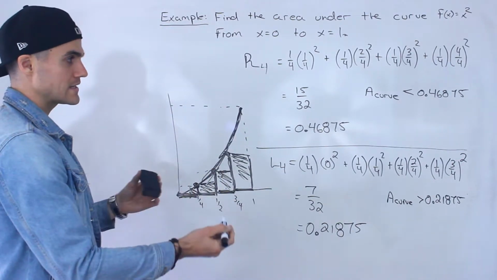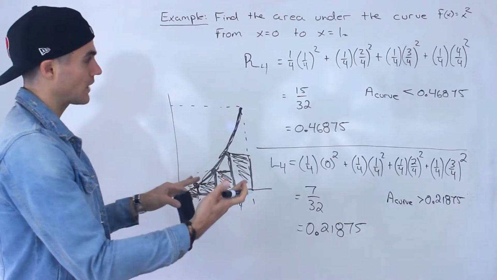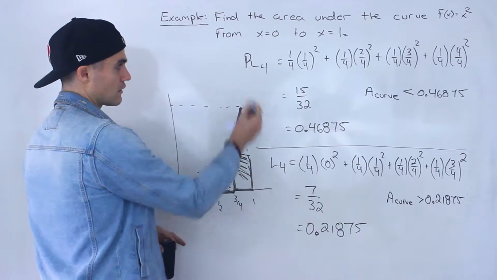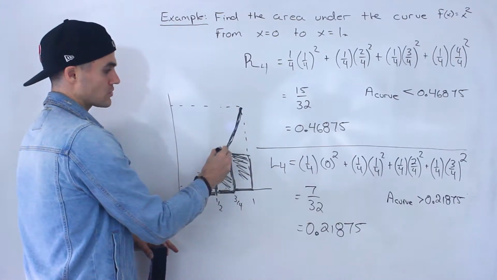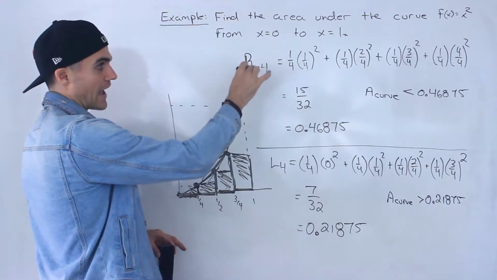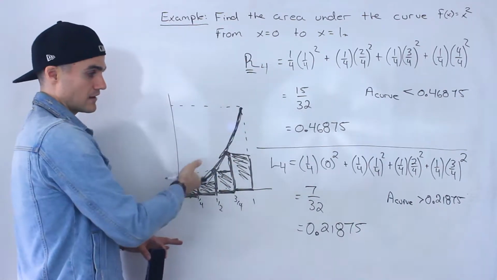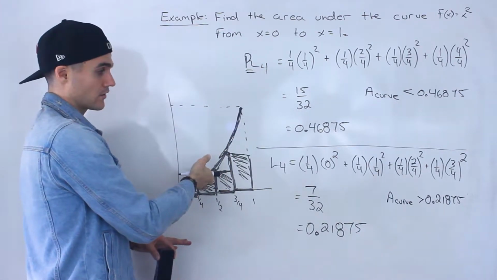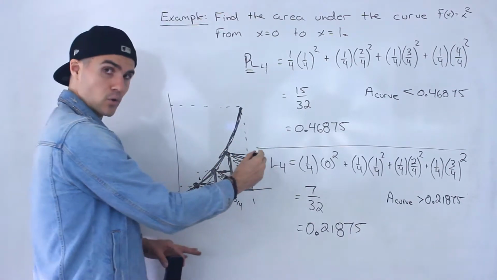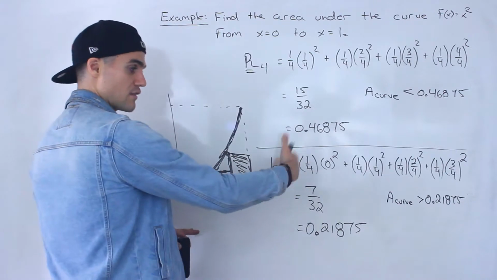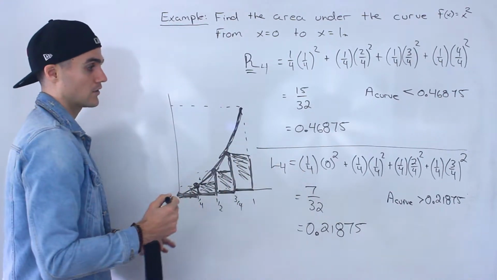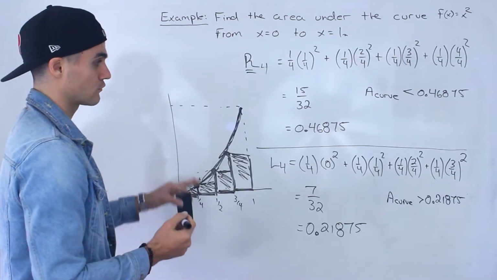And that relationship is always going to happen when you're using these corners. When these corners are the right corners of the rectangles, that area is always going to be greater than the actual area under the curve. And when the points here are the left corners of the rectangles, that area is always going to be less than the actual area under the curve.